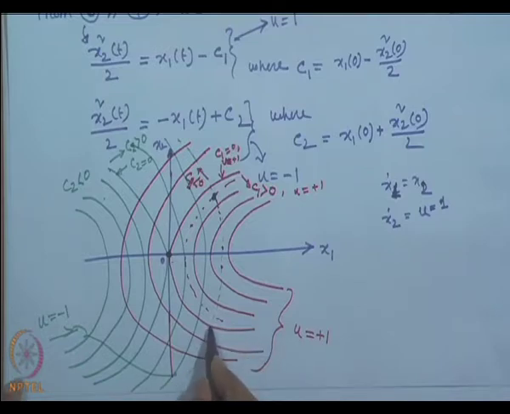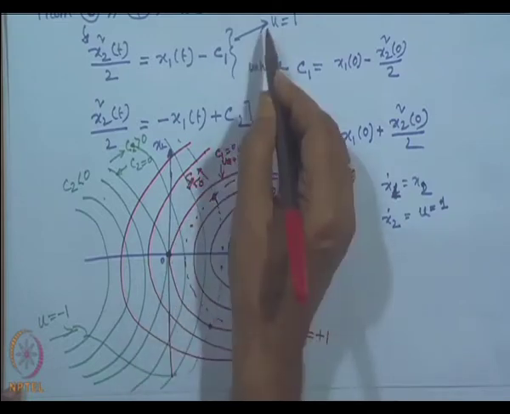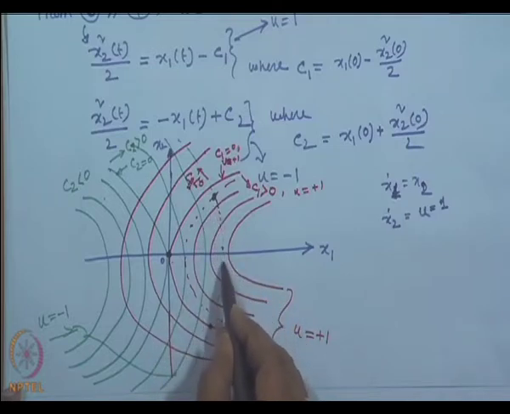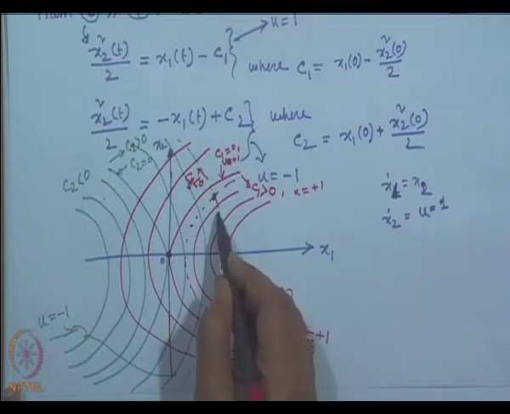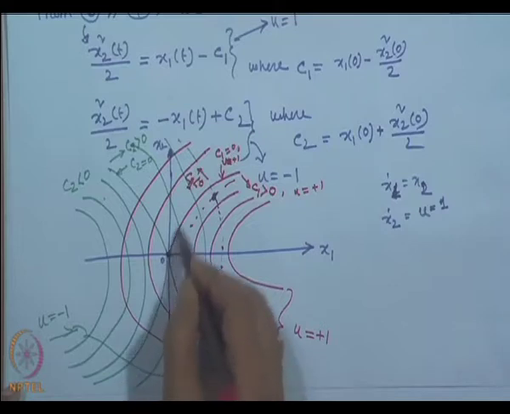So when it hits here, agree, what is this one? This is the trajectory for u equal to 1, going along the dotted green trajectory. When it hits here, u is still 1, but it hits the switching surface, C equal to 0.